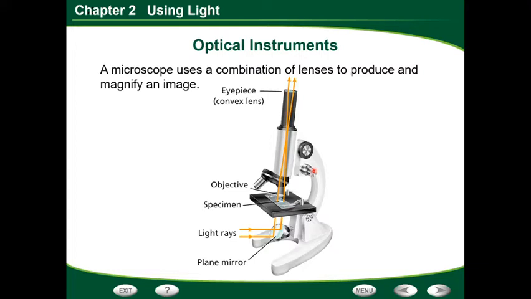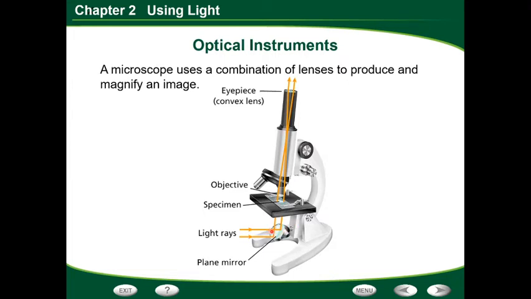If we follow the direction of the light rays for our microscope, we see that down underneath the flat plane in the microscope is a plane mirror. This is going to gather light from outside and reflect it up into the main part of the microscope.